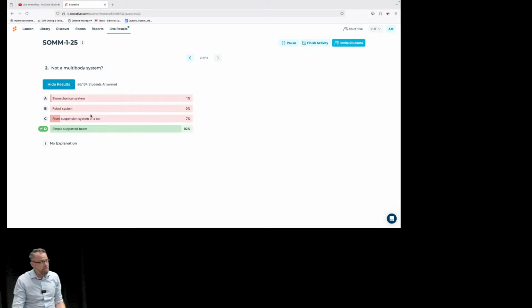It is, because there are moving bodies, and bodies are connected together via joints. These guys that are fixing their car, they can give a lecture about how you can take these joints away and how you can handle that. What else? Biomechanical system, yes, it is. Of course, that's a good one actually, because in a biomechanical system, we usually assume these joints to be ideal constraints. In reality, they are not, but they can be assumed to be ideal joints.